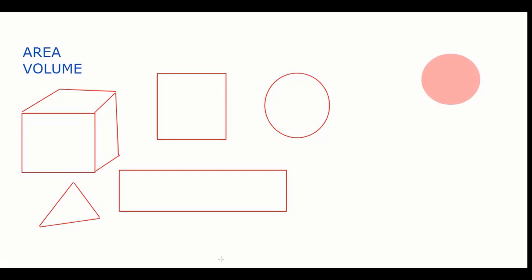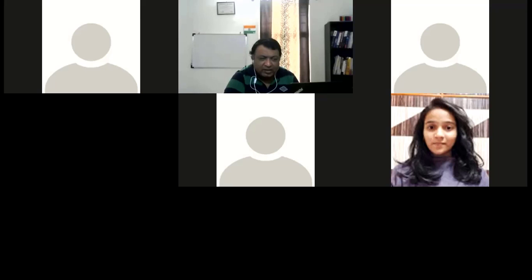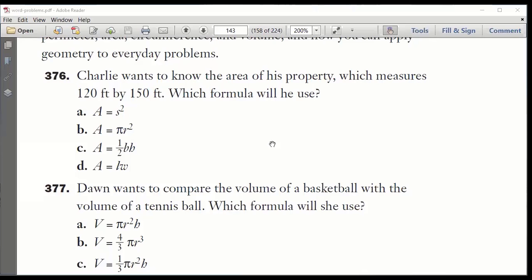Now, you said 120 feet by 150 feet. How many dimensions are given? 1, 2, or 3? Two dimensions, 120 feet by 150 feet. So 120 can be the length, and the other the breadth, right, Shreya? So which formula do we have to use for the area?